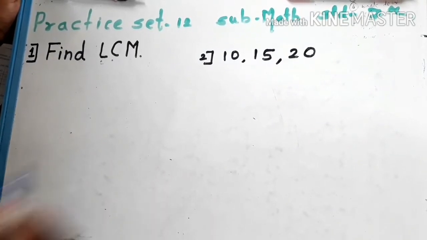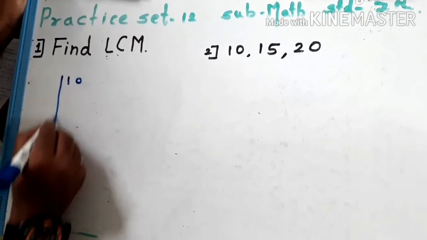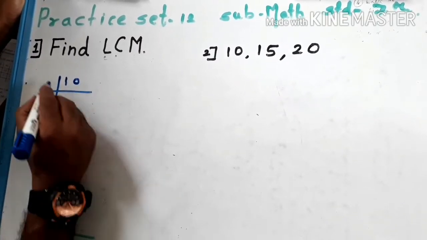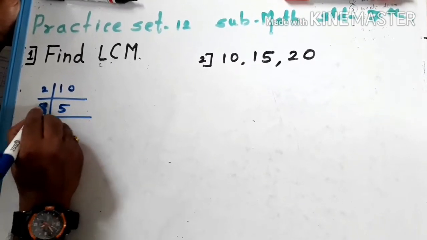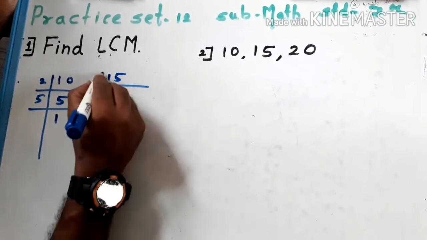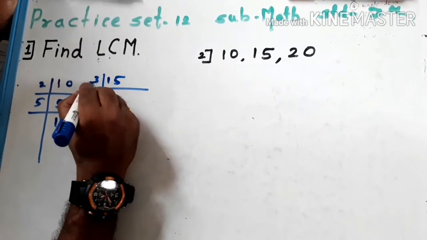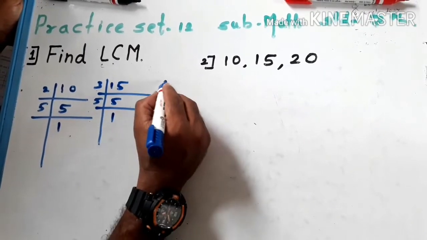So in the factorization method, for 10, the units place number is 0, so it is divisible by 2. 5 is divisible by 5, giving 1. Again 15 is divisible by 3, and 5 into 4 is 20.